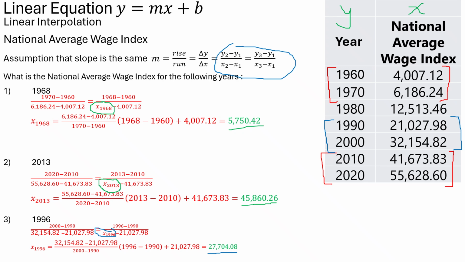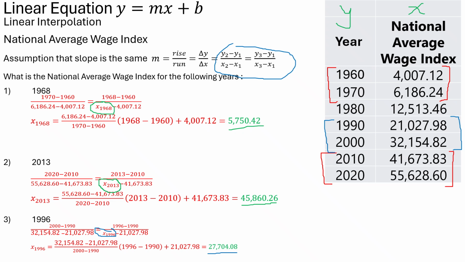This is used on tests and as you do projects or you calculate things from a financial perspective. There's a lot of uses, and basically it's a method to take discrete data and find values in between.